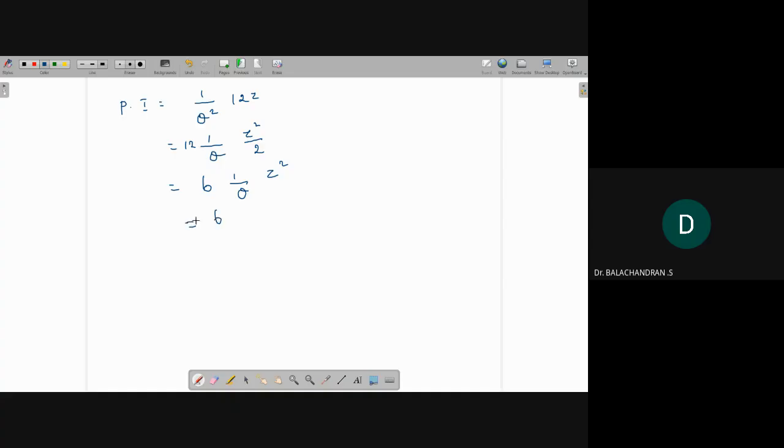Okay, so 6 into, if you integrate again, you get z cube by 3, which is equal to 2z cube. So where z equal to log x, so 2 log x whole cube. So y equal to complementary function, it is c1 plus c2 into log x, plus the particular integral is 2 into log x whole cube.